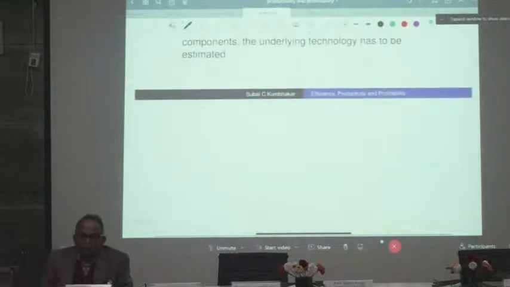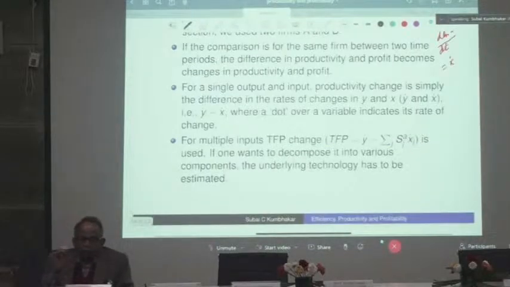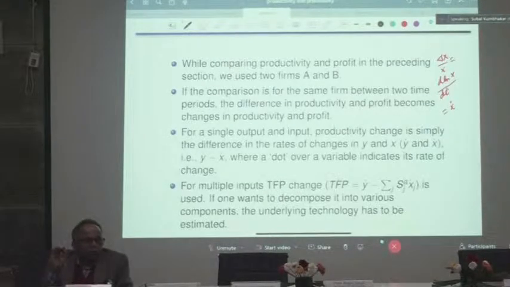What is happening is there are two ways to go. One is to think in terms of a single input, but this is just not practical. Although I told you that in the US, the Bureau of Labor Statistics publishes numbers about what is happening to productivity in the US economy, and they look at labor productivity.